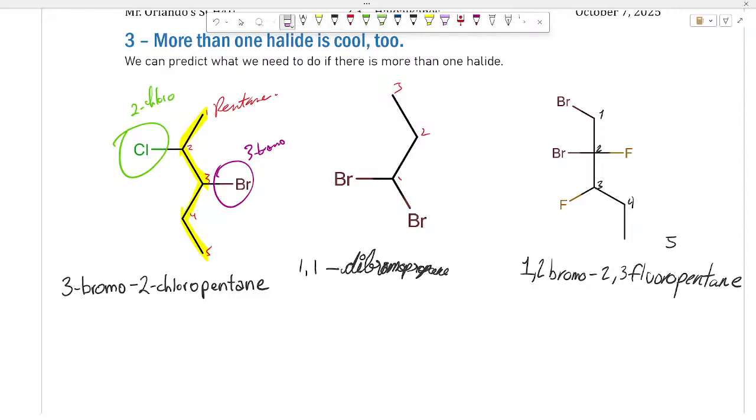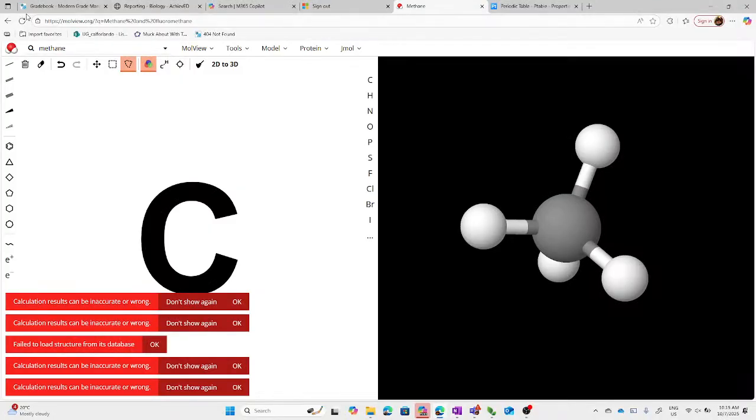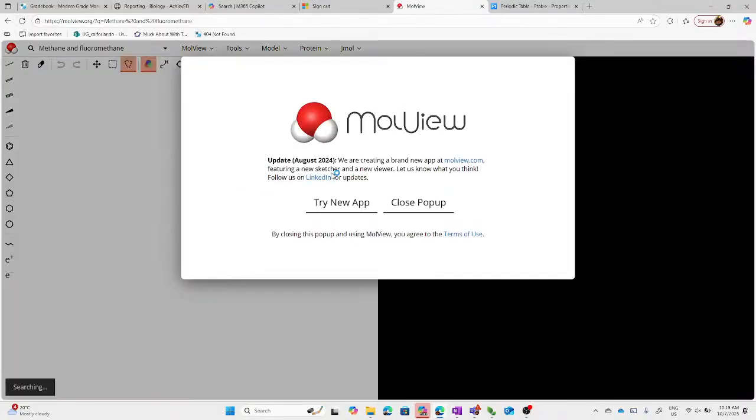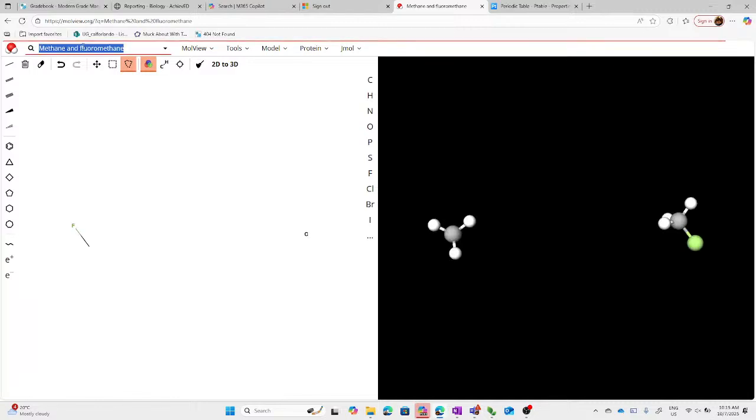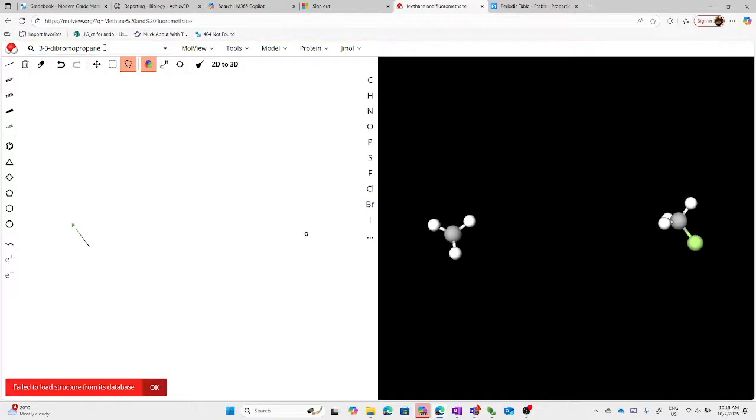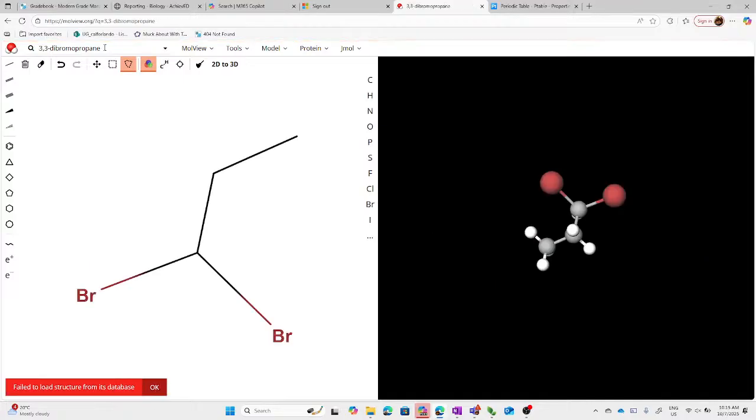It's not wrong. If we go into mole view, and if we say make a 3, 3 dibromopropane, it'll make it.